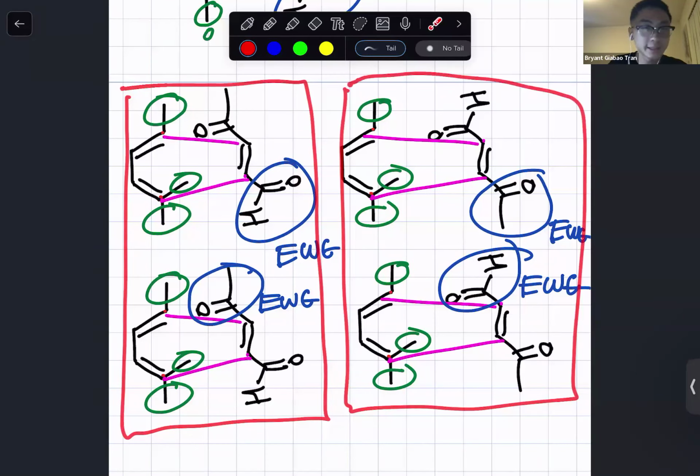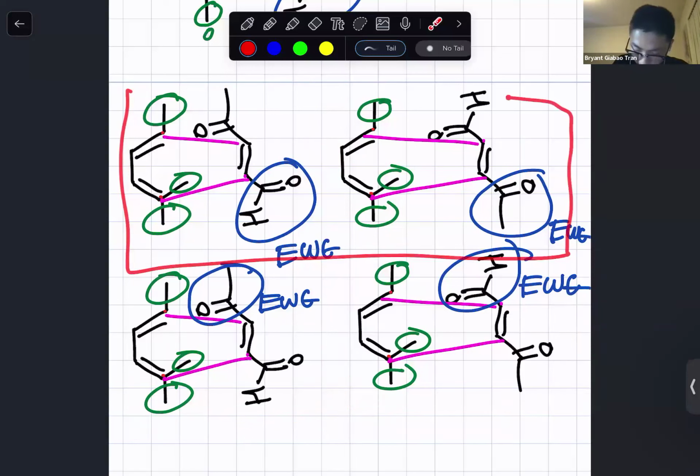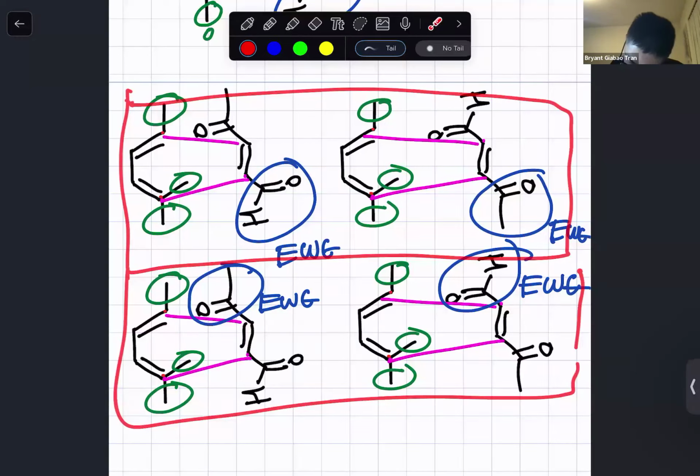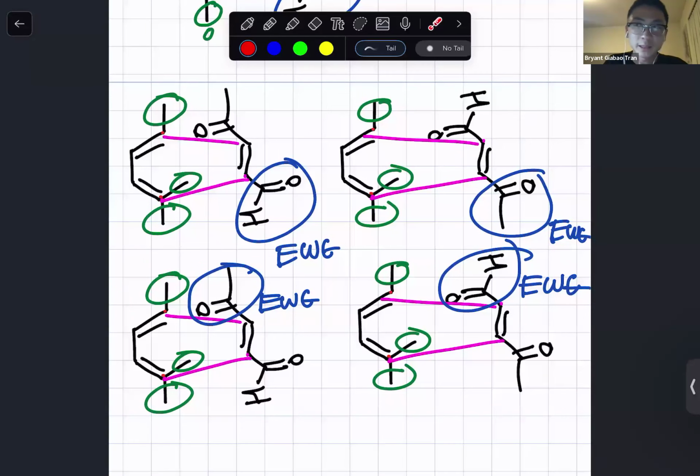These have the same regiochemistry, but different stereochemistry. Whereas these pairs here, they have different regiochemistry. And these ones here also have different regiochemistry, right? So it just depends on what you treat as your EWG. Did that make sense? Yeah.